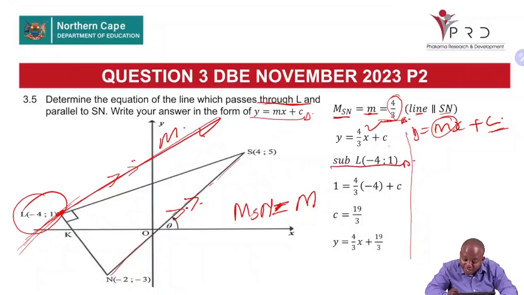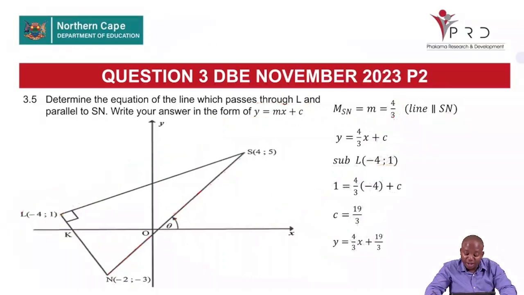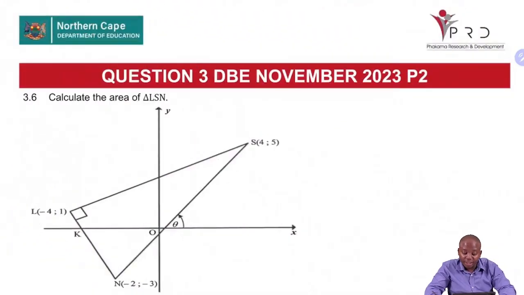When you substitute L, where there is x you put -4, and where there is y you put +1. Thereafter, we find our c as 19/3. Now we write our equation in full, which is y equals 4/3 x plus 19/3. So that is the equation of the line that we have in that case.